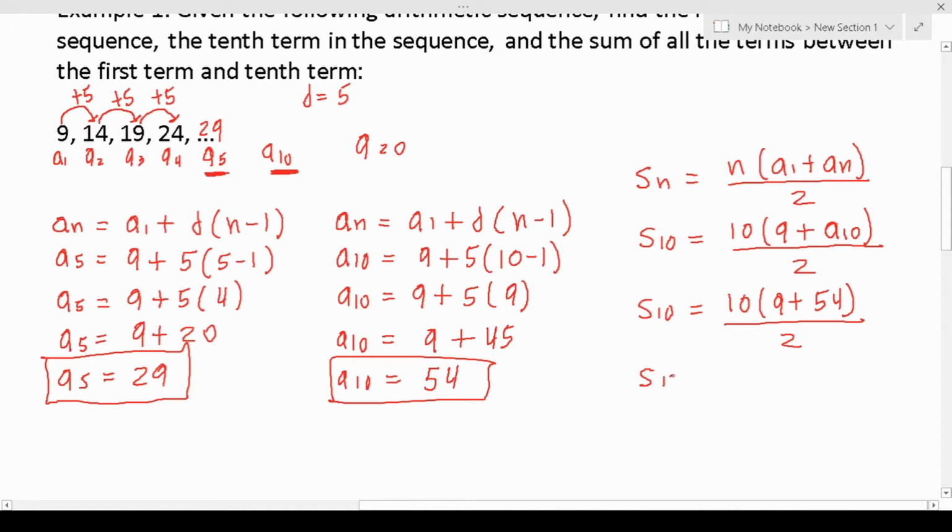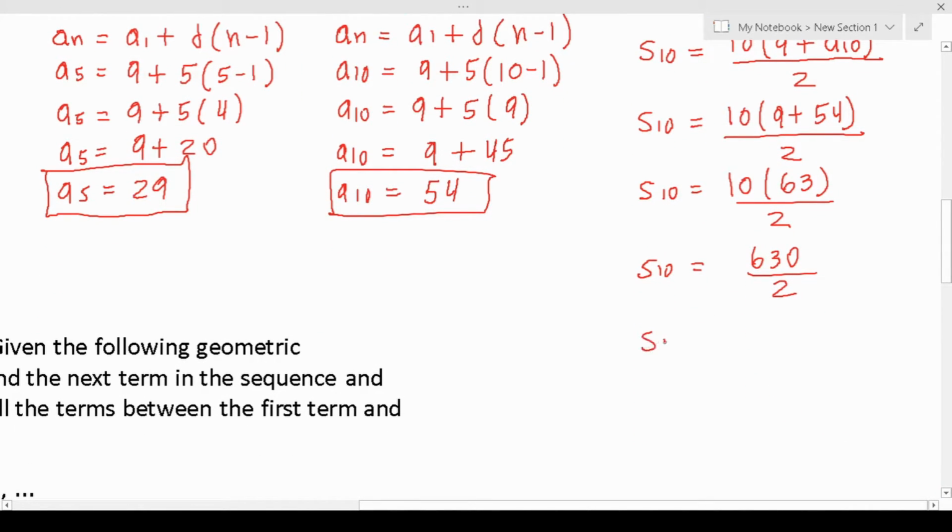So this is S sub 10 equals 10 times 9 plus 54, which is 63, divided by 2. S sub 10 equals 10 times 63, which is 630, again divided by 2.